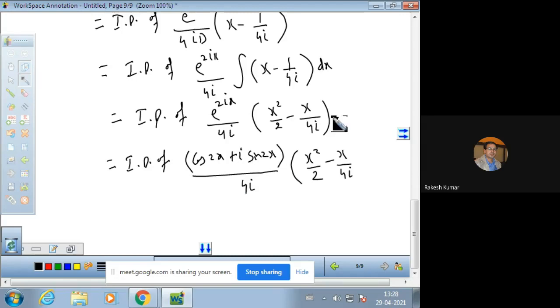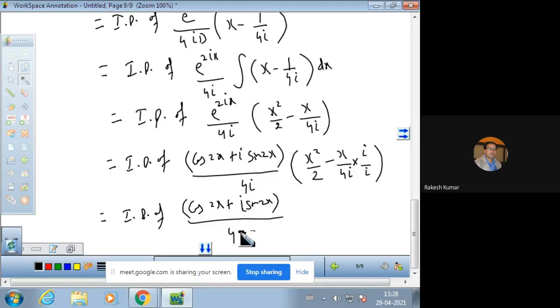So this x over 4 iota, we will rationalize this iota up and down. So you have the imaginary part of cos 2x plus iota sin 2x over 4 iota. Now this iota can also be used for rationalization, and this is x square over 2.